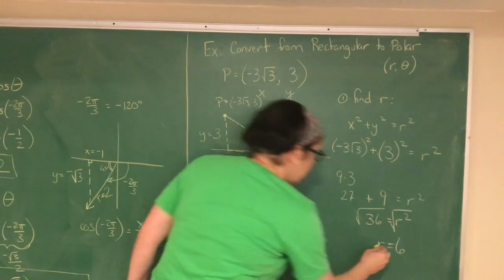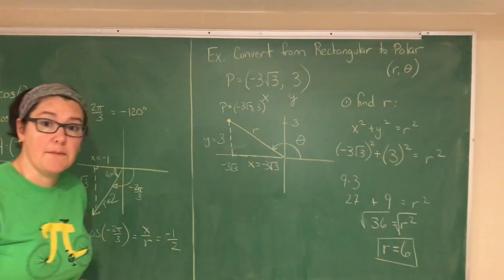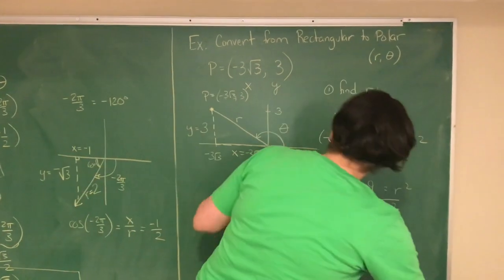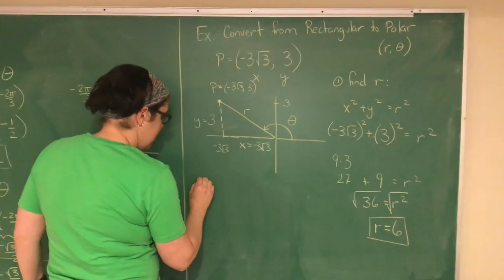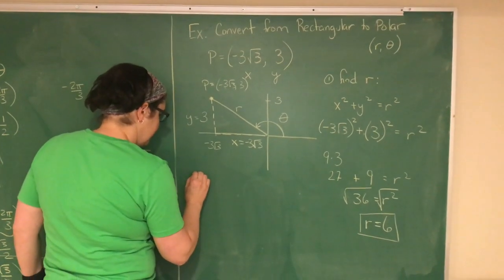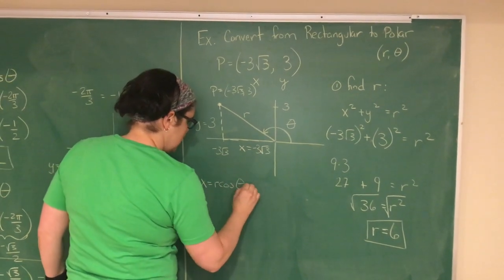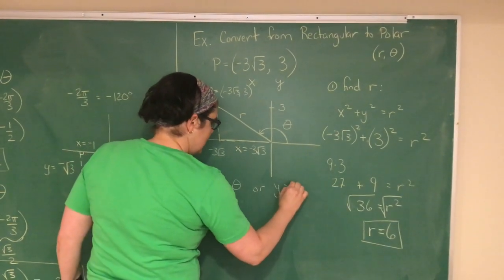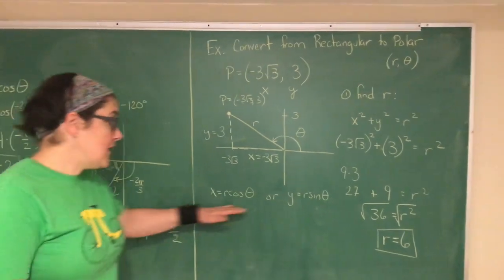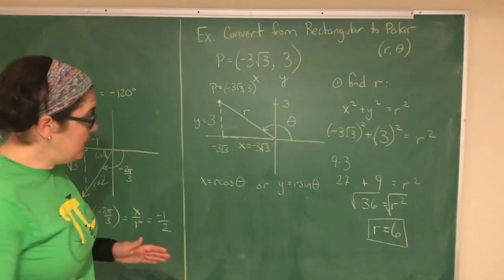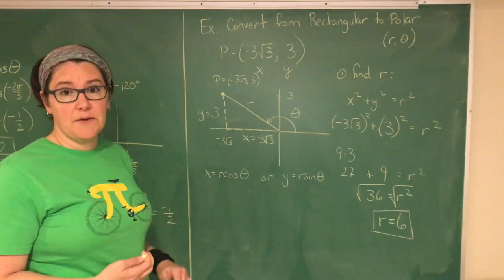Cool, so I now have half of the information I need. I have r equals 6. Okay, now that I have the r value, I want to find the theta value. And I have a couple of choices. I have two conversions. I have that x is equal to r cosine theta, and I have y equals r sine theta. And it doesn't matter which of these two that I choose, but I want to pick one of them, fill in the information I have, and solve for theta.